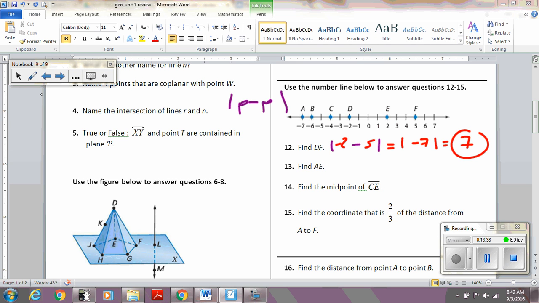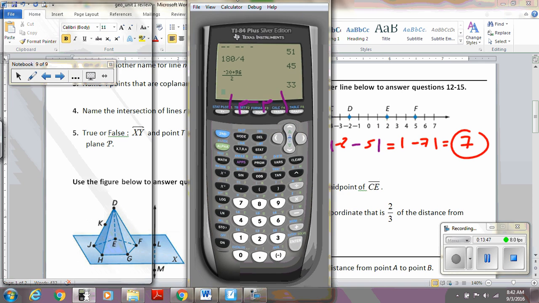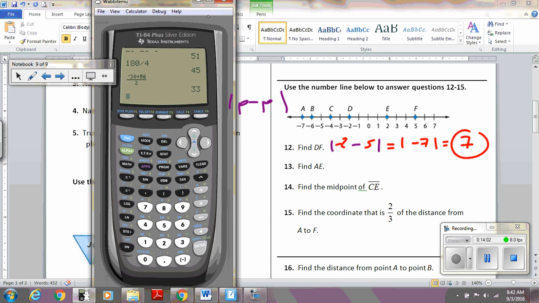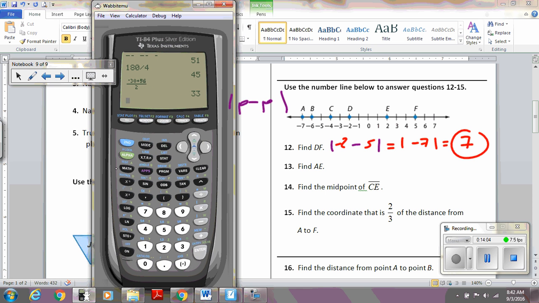And again, on the calculator, if you have one, or whenever you have one, you can type it in one step. Absolute value is found by hitting math, right, 1.